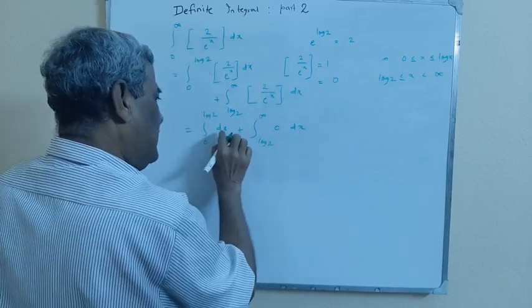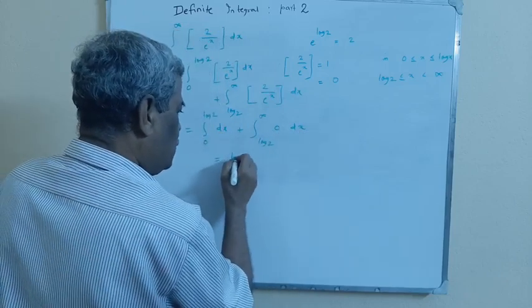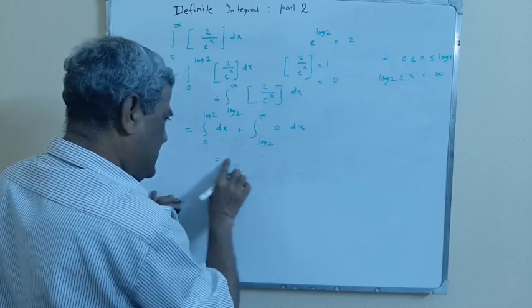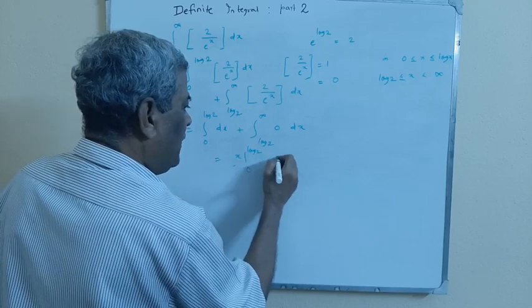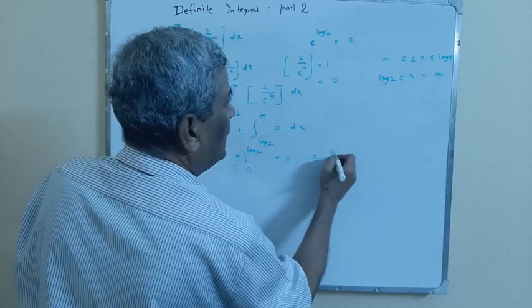So its integration is x, and putting 0 to log 2 plus 0, it is equal to log 2.